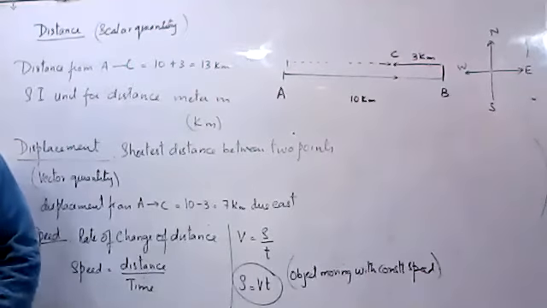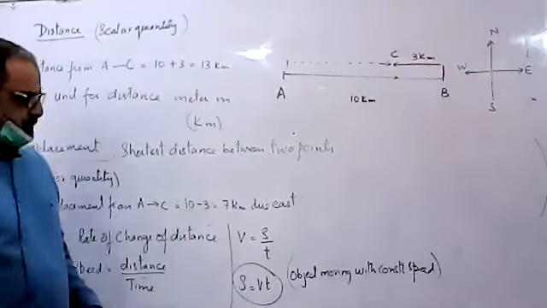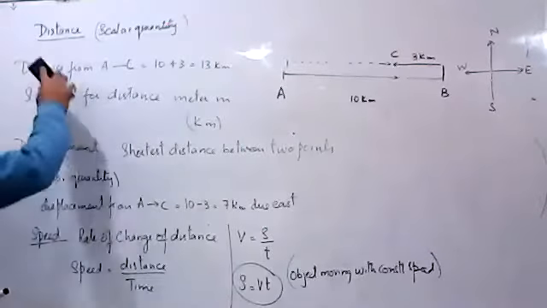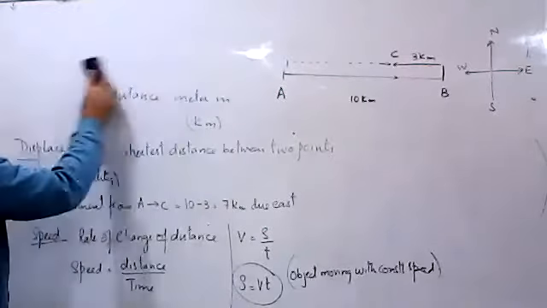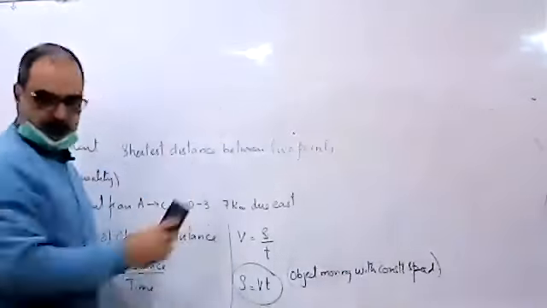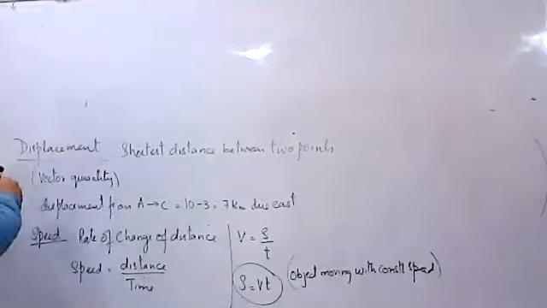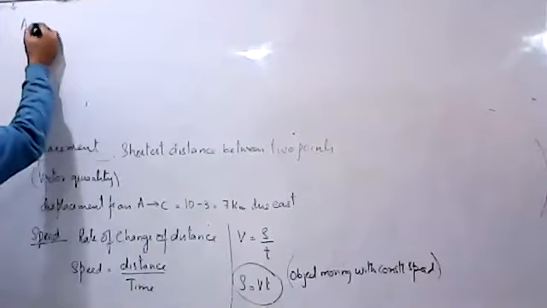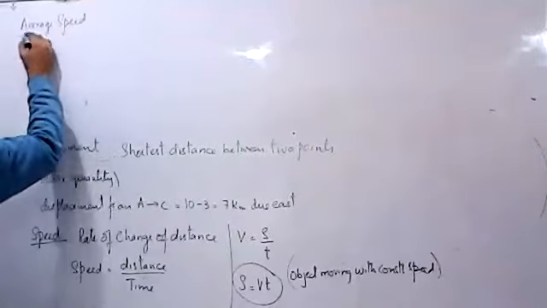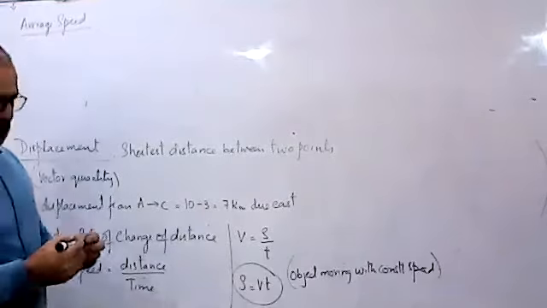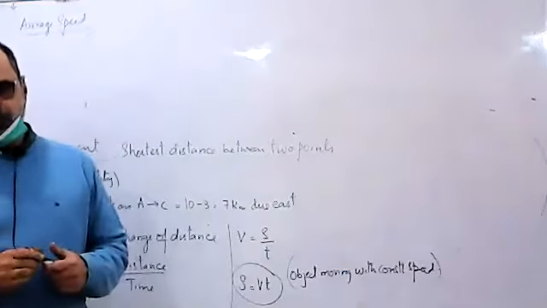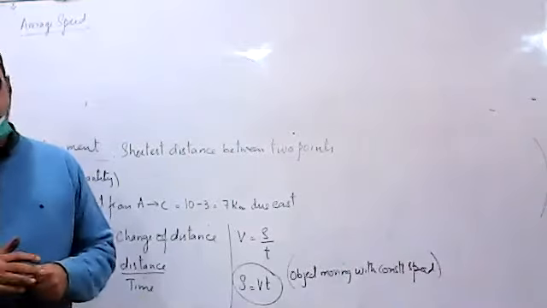Next term that we'll be using will be average speed. You are familiar with the formula for the average speed that we used in O level maths as well as in physics.